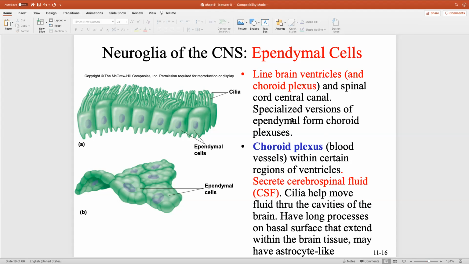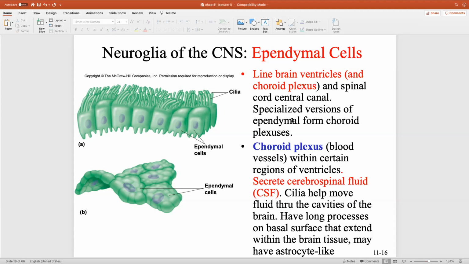They do this in areas that we call the ventricles. We're going to see that there are two lateral ventricles, one on each hemisphere of your brain. Then they're connected to a central ventricle called the third ventricle, which is really deep in the brain itself. And then eventually to a fourth ventricle near the connection between your medulla oblongata and pons and your cerebellum.